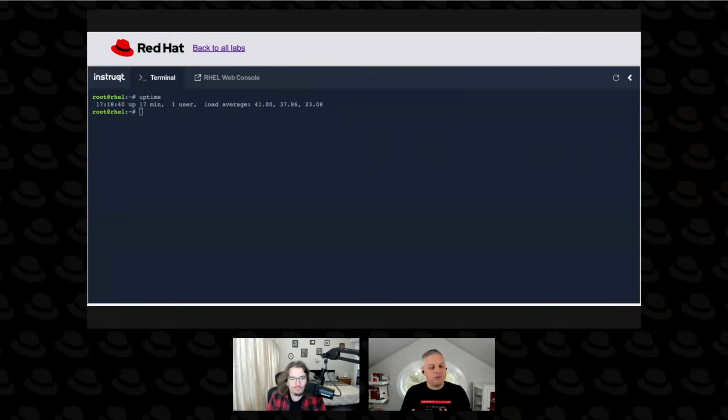Load average is one of those things where people, again, misconstrue what the data means. So remember that what load average is telling me is the number of runnable processes in the CPU run queue over the last 1, 5, and 15 minutes. And then they apply a logarithmic algorithm on top of the actual raw data to smooth out any spikes that might have happened inside that sample period.